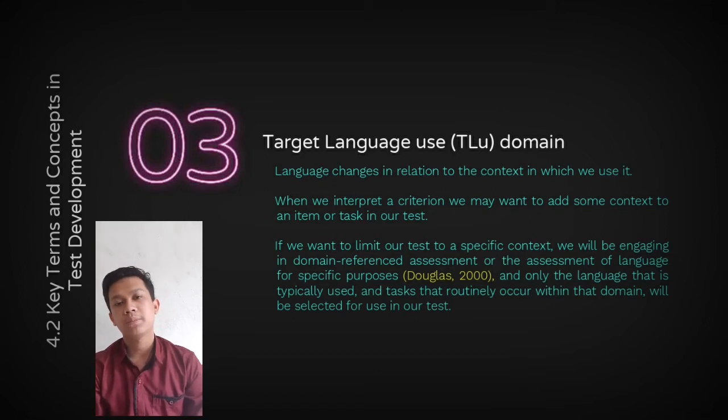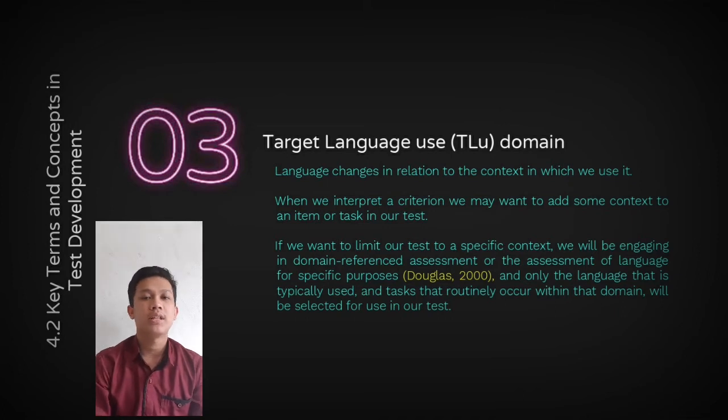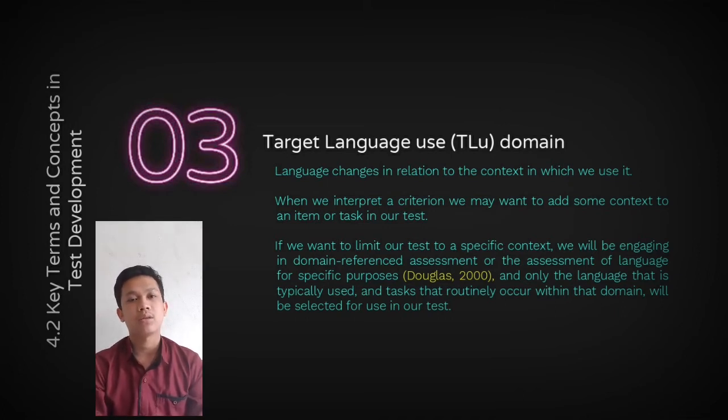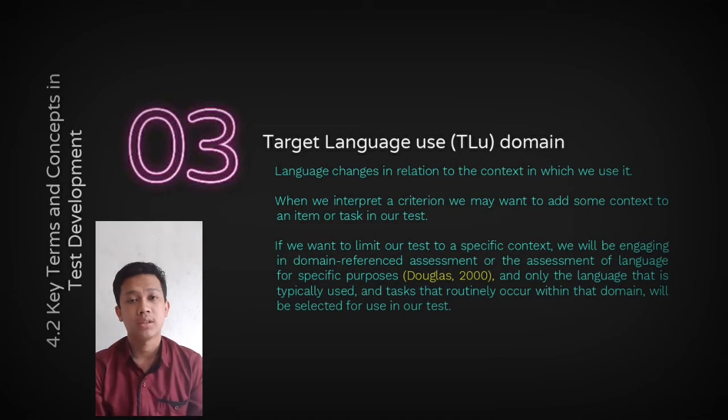However, if we want to limit our task to a specific context, we will be engaging in domain reference assessment, or the assessment of language for specific purposes, as stated by Douglas in 2000. Only the language that is typically used and tasks that routinely occur within the domain will be selected for use in our test. So you can use that style or technique from Douglas in 2000.